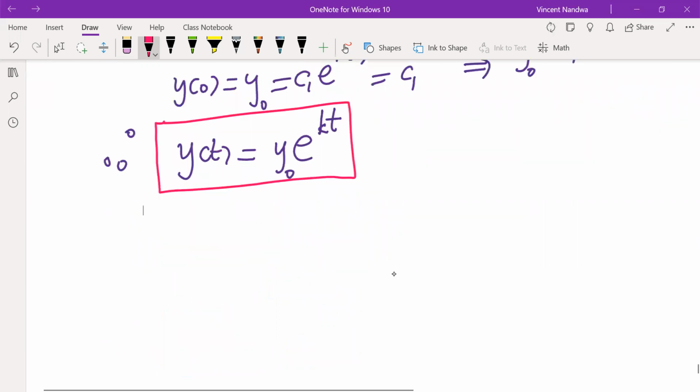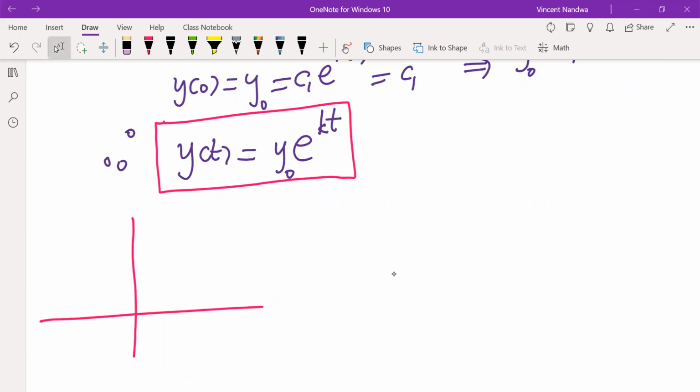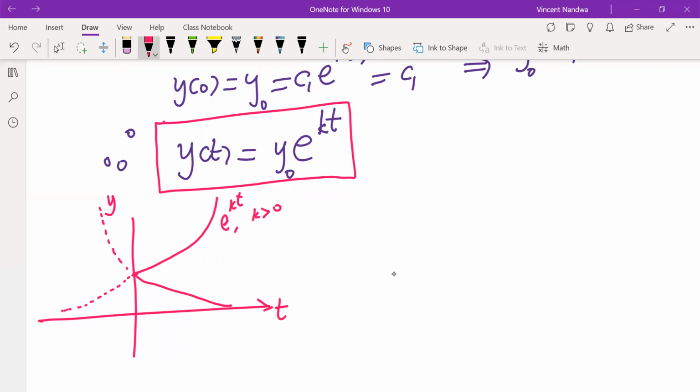So we can have some sketches here. T, y. So we have this, and then we have this. So this is when e raised power kt, k positive, we have growth, and e raised power kt, k negative, we have decay.